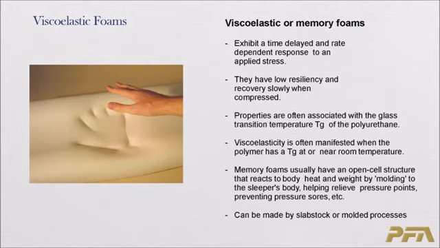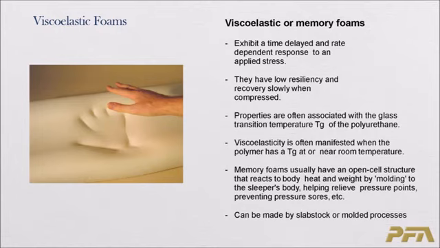The properties of viscoelastic foams are most often associated with the glass transition temperature of the polymer, and they target it to be around room temperature. You can think of the glass transition temperature as a softening point for that polymer. At temperatures below it, the polymer can be very hard; above it, it becomes very soft.